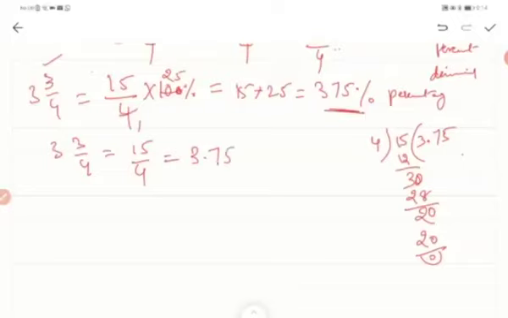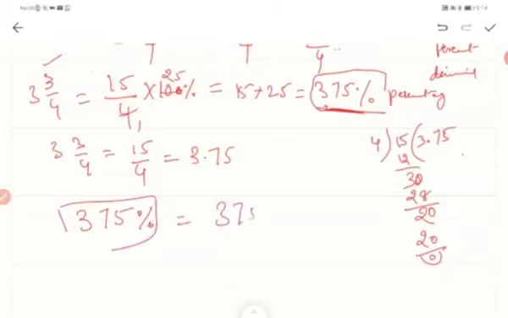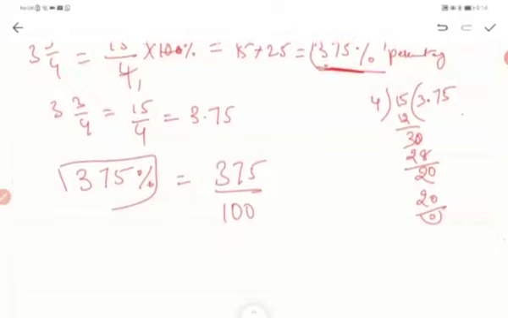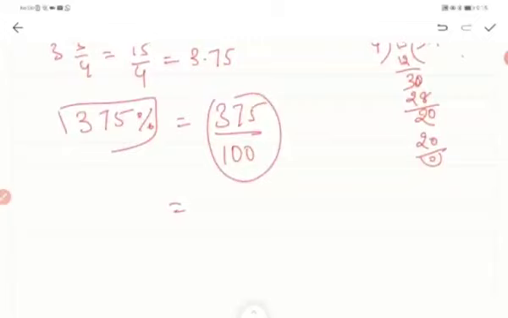Since I have converted into percentage, it was easy for me to take from here itself. So it is 375 percent, right? If I want to convert this into a fraction, it's very simple, 375 by 100. If I want to convert this into decimal, just two zeros are there, so before the last two digits I will place a point.